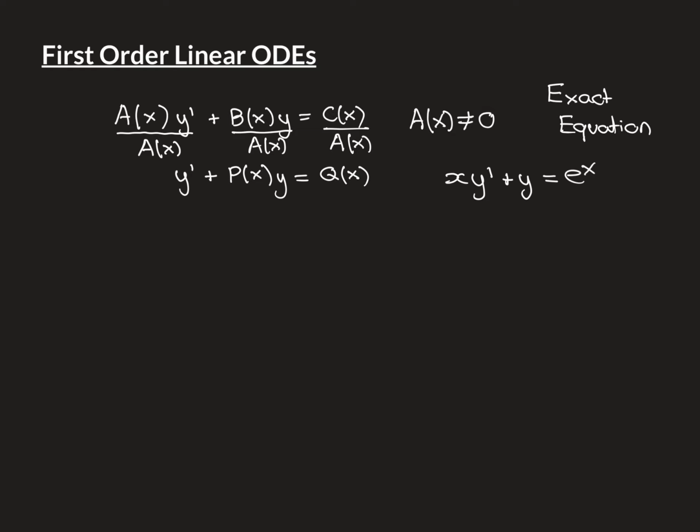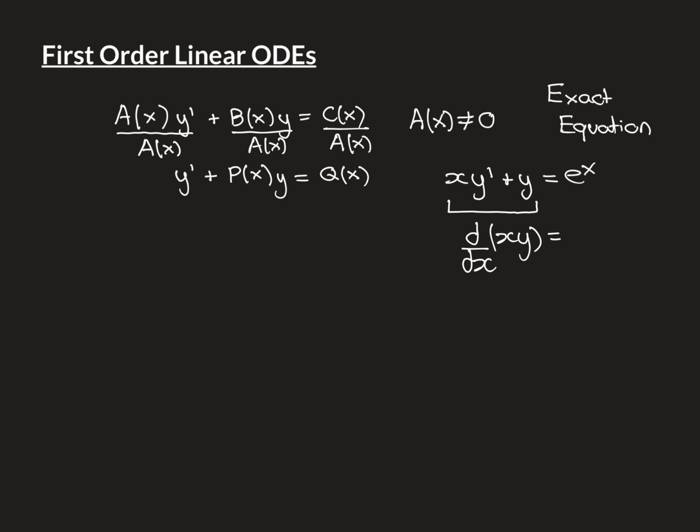And the way we're going to solve it is by noticing that this is actually the result of a product rule differentiation. This thing here, x y prime plus y, is what you would get if you differentiated x times y.